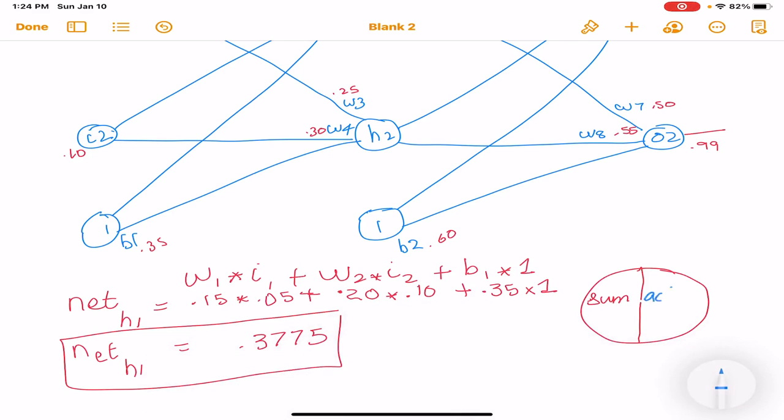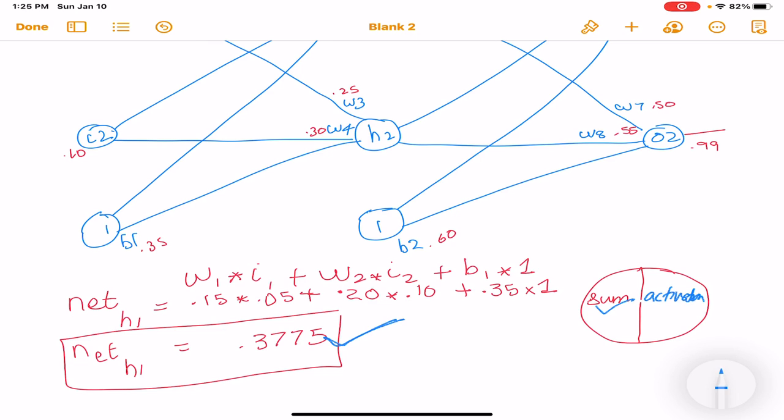So I have completed the first part, which is the summation. Now let us see what happens when this value goes through the activation function.